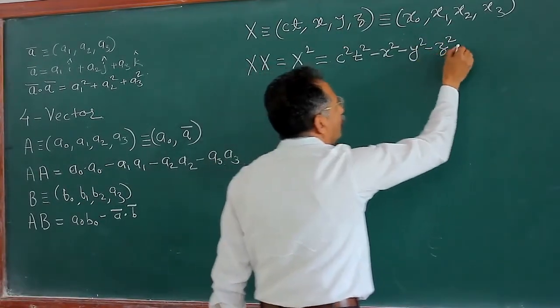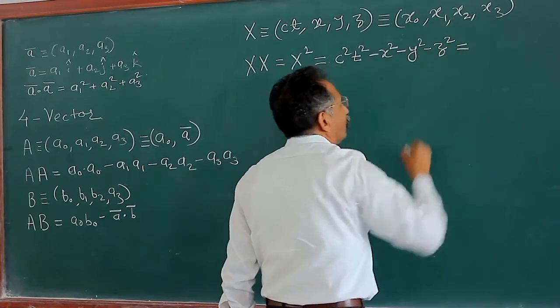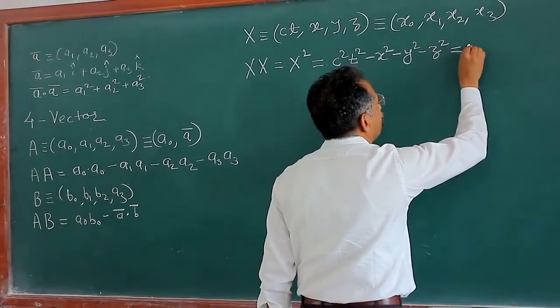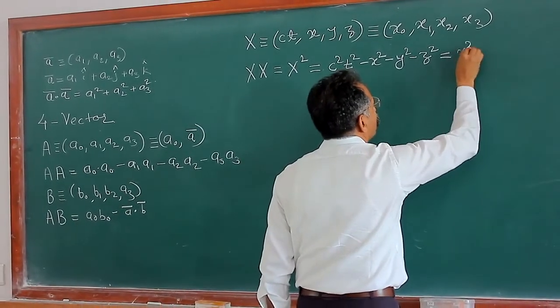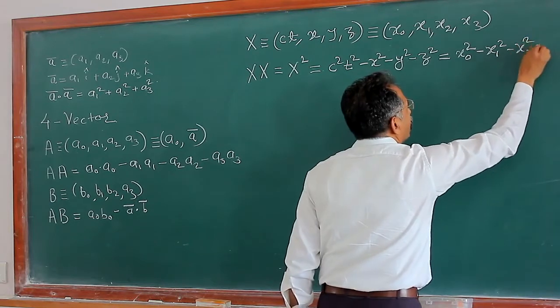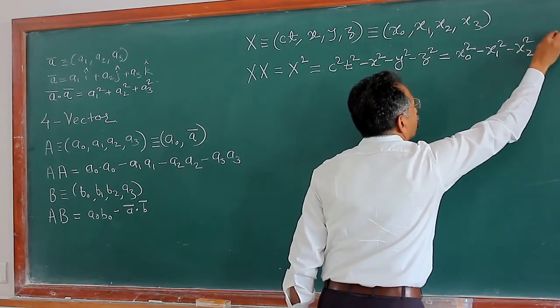So in the notation of 0, 1, 2, 3 suffixes, it can be written as x0 square minus x1 square minus x2 square minus x3 square.